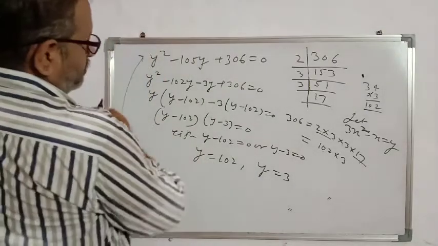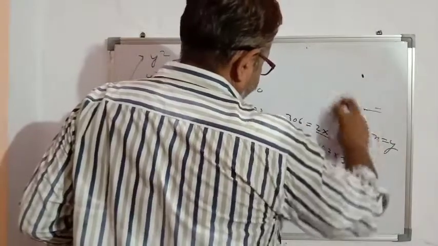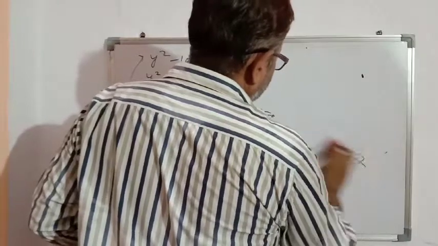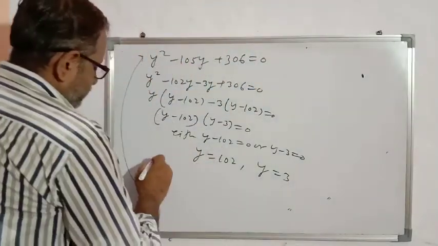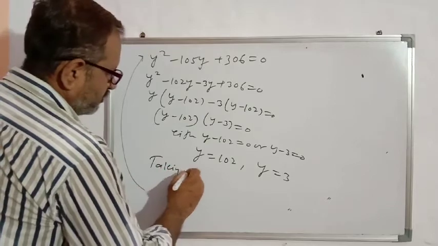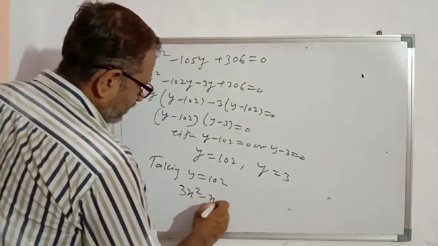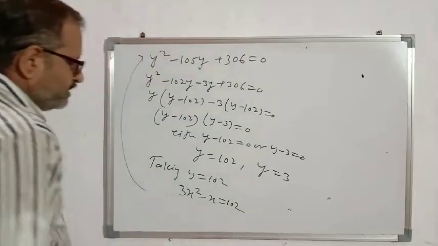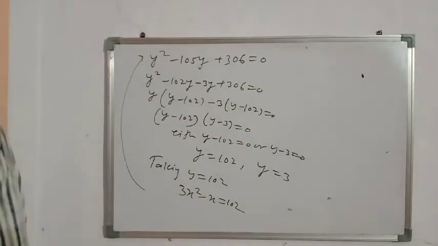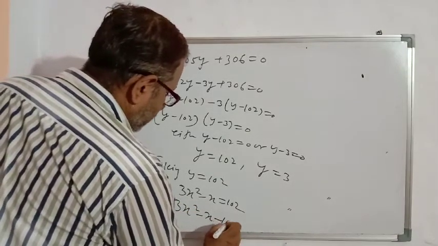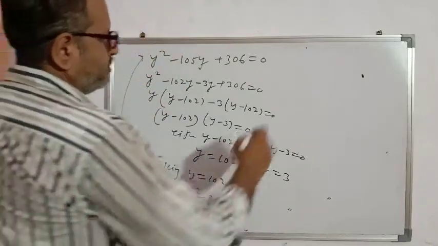Taking y is equal to 102. What is y? y is 3x square minus x, which is equal to 102. Transpose 102: 3x square minus x minus 102 is equal to 0.